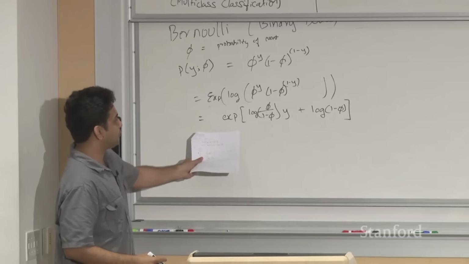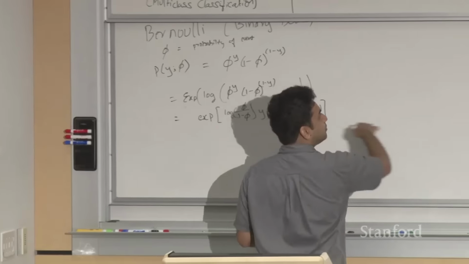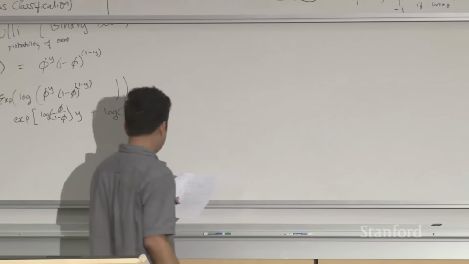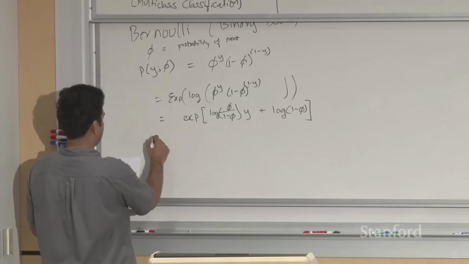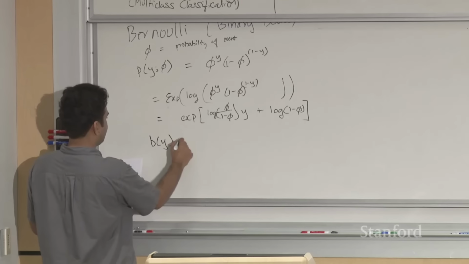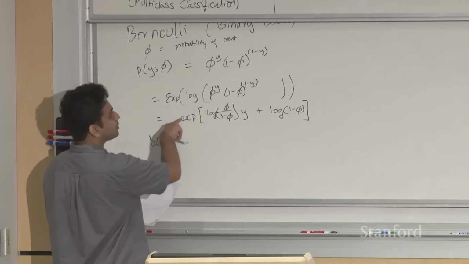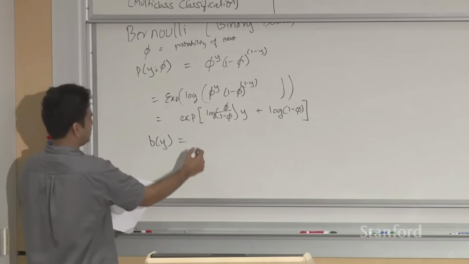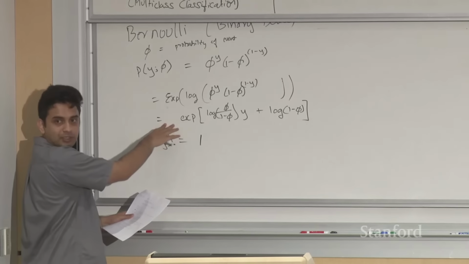Once we have it in this form, it's easy to start doing some pattern matching from this expression to that expression. So the base measure B of y: if you match this with that, B of y will be just 1 because there's no B of y term here.